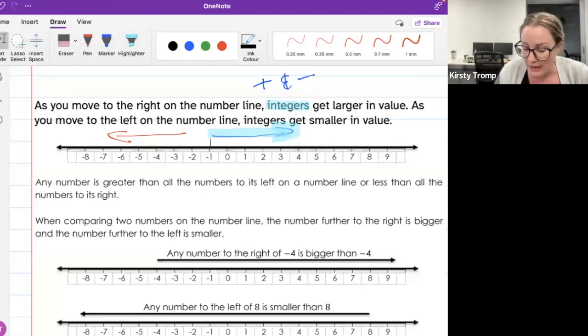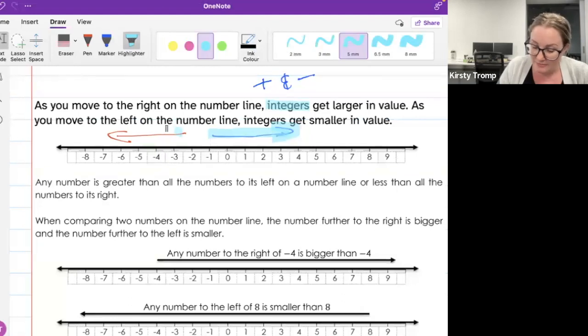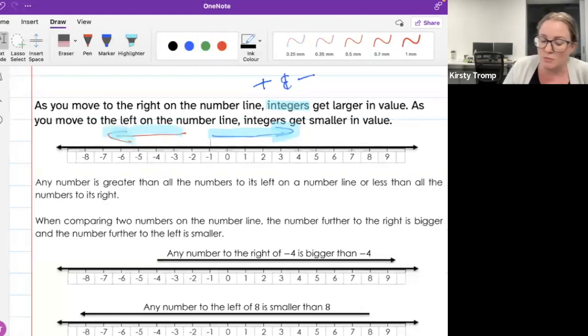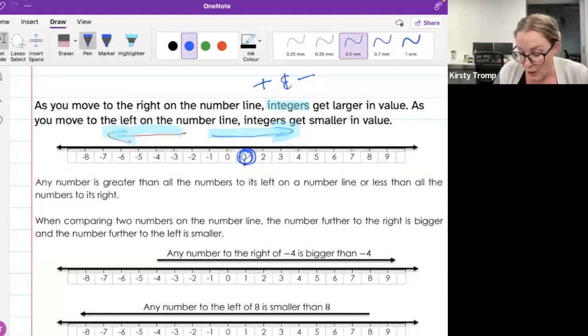So if we grab a highlighter, we can have a look at that. As we move to the left on our number line, our numbers get smaller. So if we do a comparison, if we are sitting at the number 1 and we move to the right, if we move 1 across, we get to the number 2.